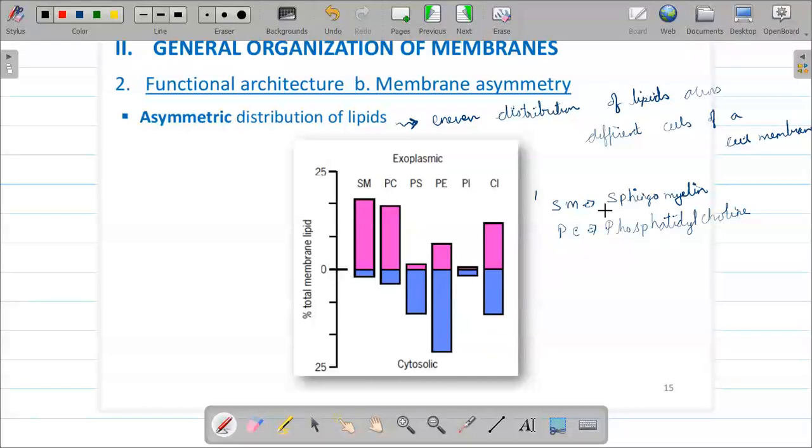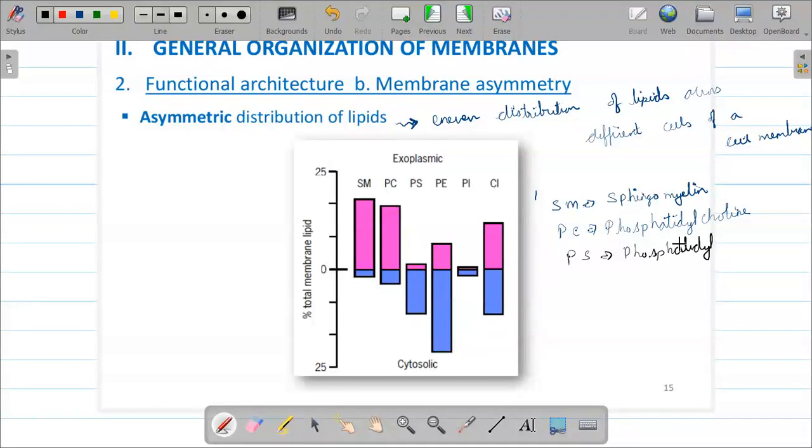Okay. So SM stands for sphingomyelin. PC stands for phosphatidyl choline. What is PS? Phosphatidyl serine, sir. Very good.